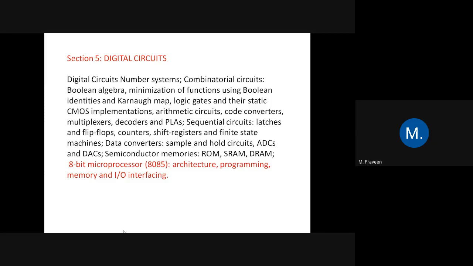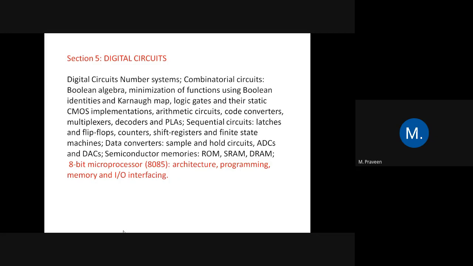A very important thing is that you should concentrate most on the instruction set of 8085, because most of the questions will be asked only from the programming part. So you should first become familiar with the instruction set of 8085. Then the last topic is memory and IO interfacing.